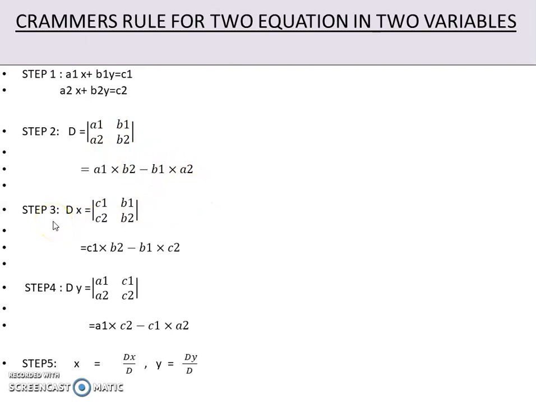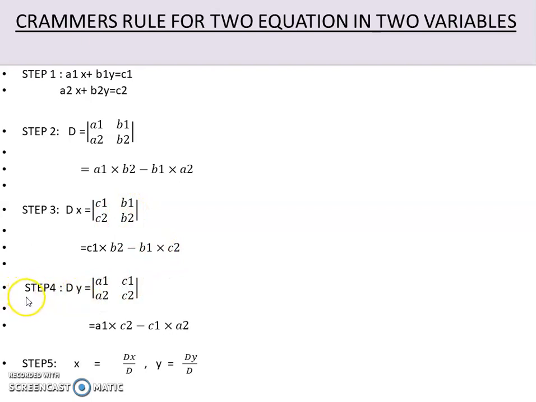Next, step number 3, we have to find the Dx value. That means instead of the coefficients of x, a1 and a2 in column number 1, we put c1 and c2, and b1 and b2 remain the same. So we derive c1 and c2, b1 and b2. Next, c1 into b2 minus b1 into c2.